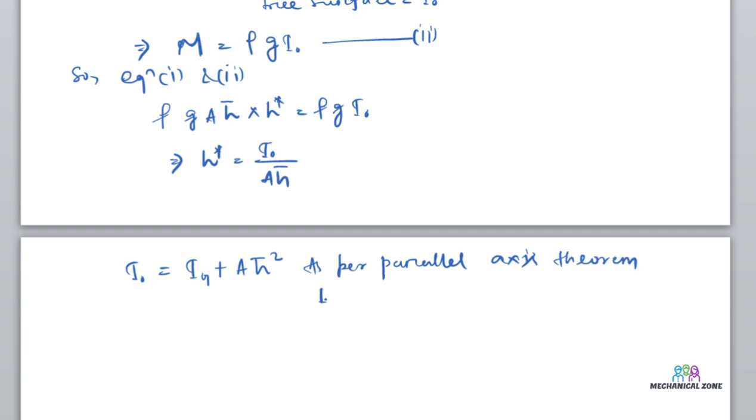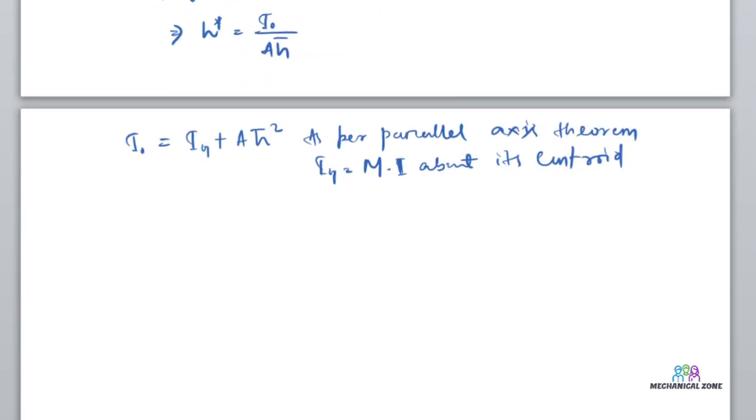And Ig, what is Ig? Ig is the moment of inertia, I am writing moment of inertia as MI in short, of the area about its centroid or center of gravity, you can say.